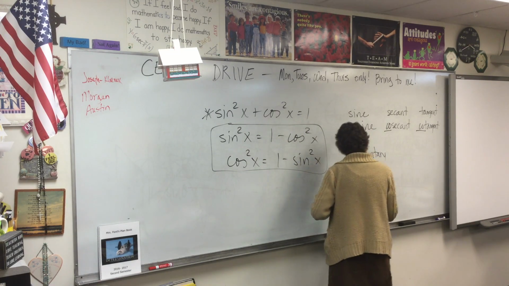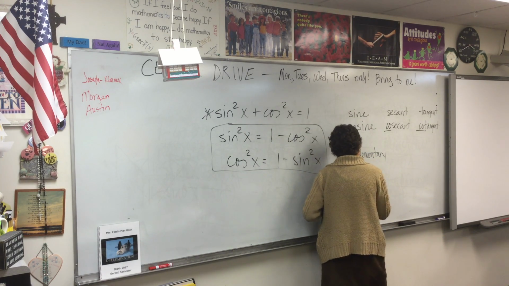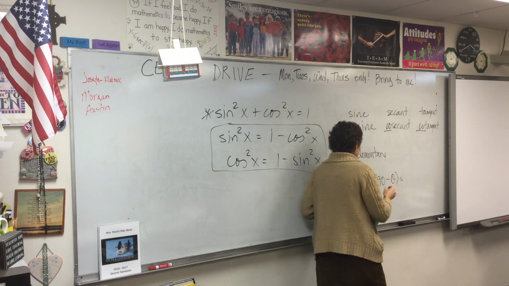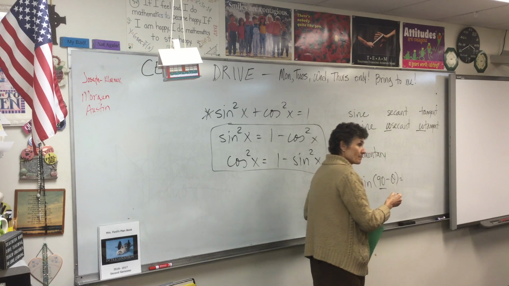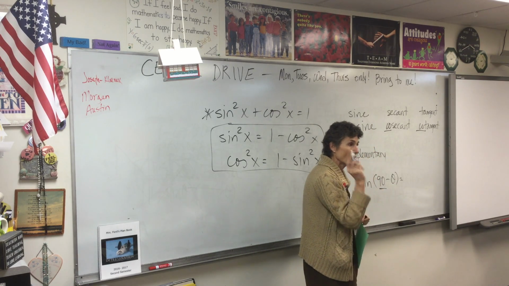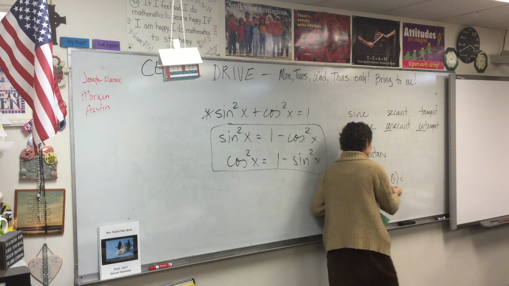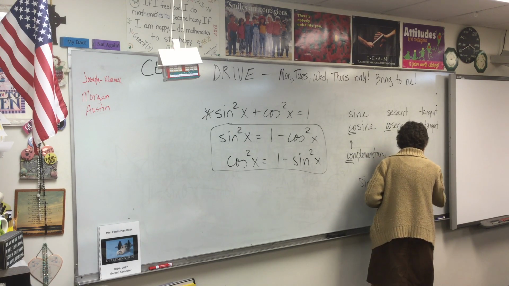So if I see a problem that says sine of 90 minus theta, I'm going to see that 90. I'm immediately going to think complementary, co, and the co-function for sine is cosine.